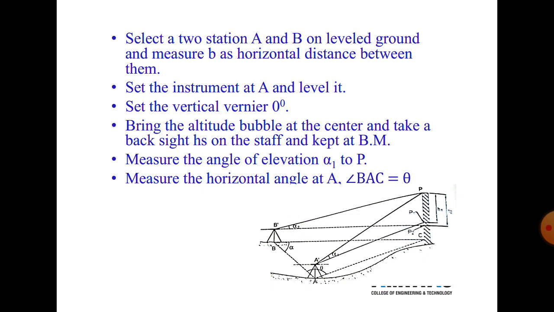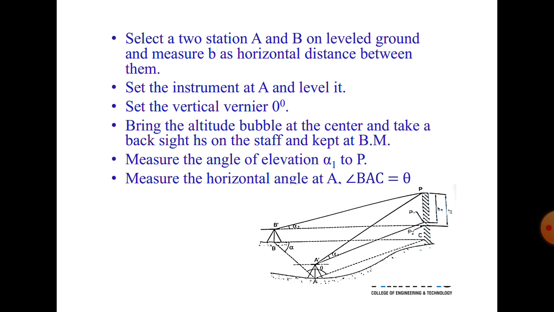Set up the instrument at A and level it, set the vertical vernier to 0 0, bring the altitude bubble to the center, and take the backsight on a staff kept at a benchmark. So here the benchmark staff is fixed, and we find out the height of the instrument.